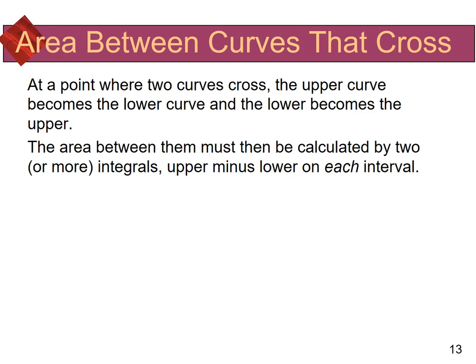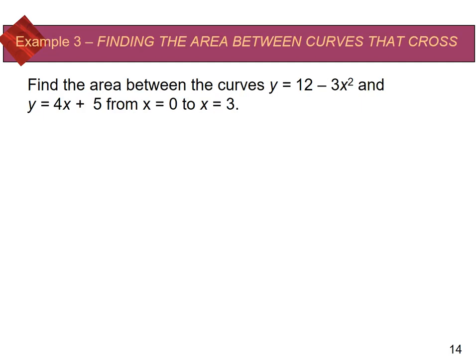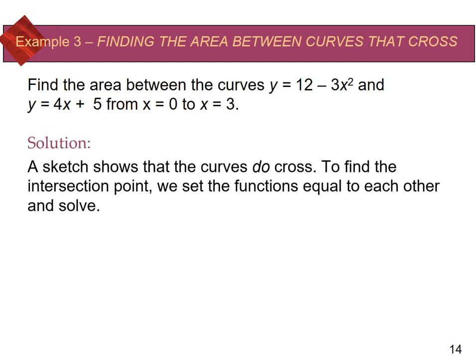And here they're talking about the importance of, if the curves start crossing each other, then which one's the upper function and which one's the lower function can change during a certain interval, and you have to be aware of when that's happening. So find the area between the curves y equals 12 minus 3x squared and y equals 4x plus 5 from 0 to 3. A sketch shows the curves do cross.